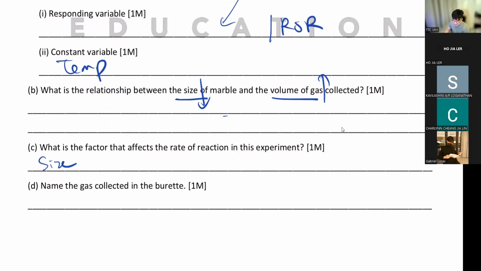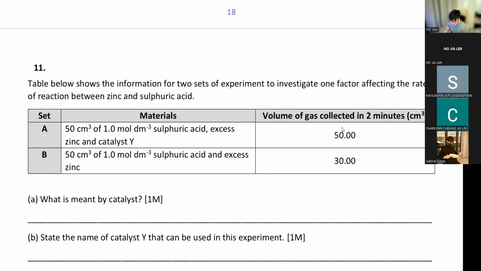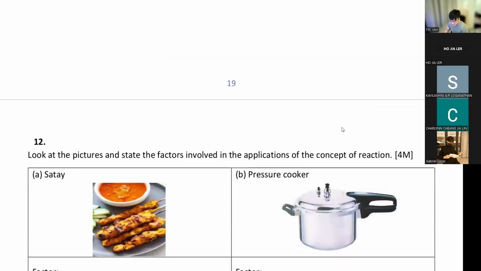Name the gas collected. Okay, this is not really in your syllabus, but it's carbon dioxide. It's okay. Right, so you do this yourself, you see, this is catalyst. So the same thing applies.